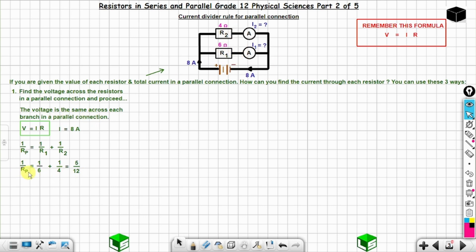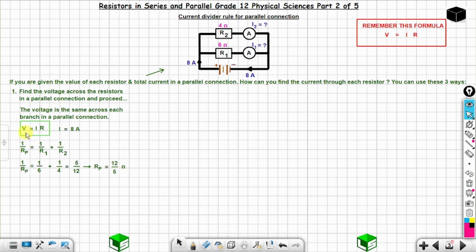You need Rp, not 1 over Rp, so you flip it. Rp is equal to 12 over 5 ohms.